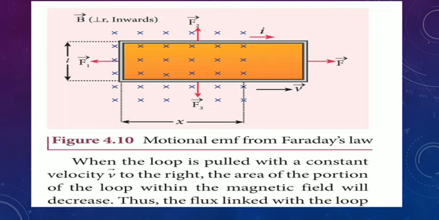So the flux linked with the loop changes, because the magnetic field is present and the loop is moved towards the right side. Due to the motion, some flux changes, and due to the flux change, an EMF is produced. The same concept as the Lorentz force: when a conductor is moved in a uniform magnetic field with constant velocity, it experiences a force.